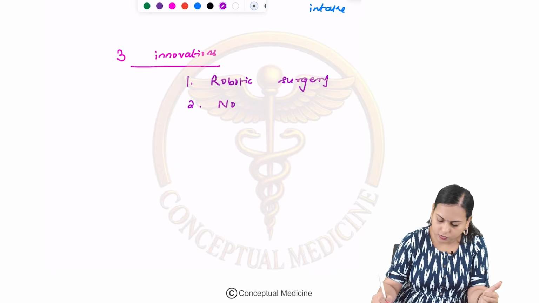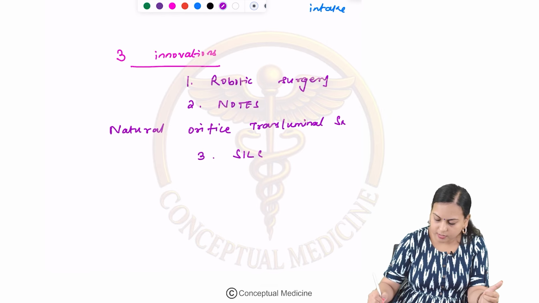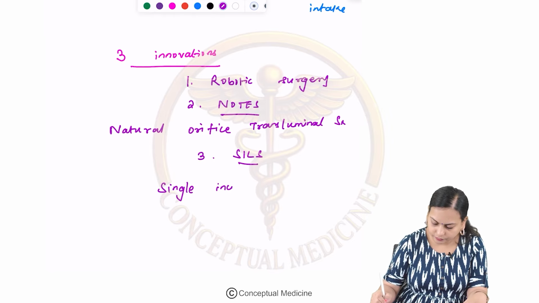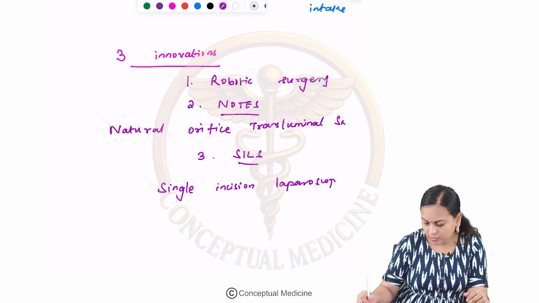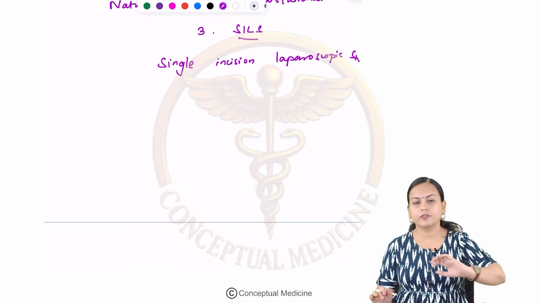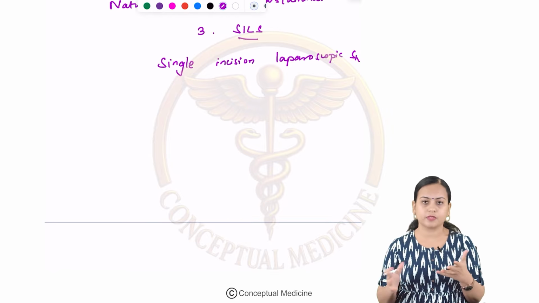Then it is NOTES. NOTES means natural orifice transluminal surgery, and next is SILS. SILS means single incision laparoscopic surgery. Single incision laparoscopic surgery means through a single incision itself we will be introducing all the instruments, that is a camera, a scissor, a forceps, whatever it is.